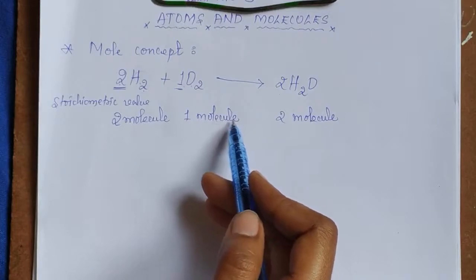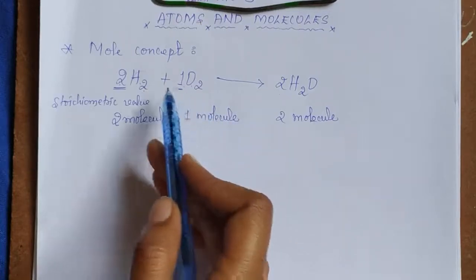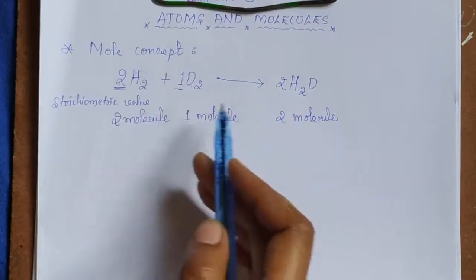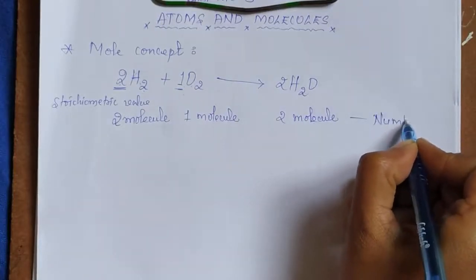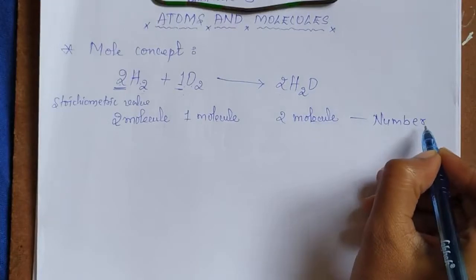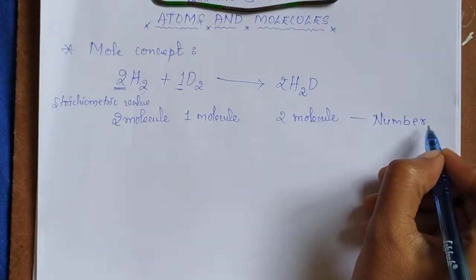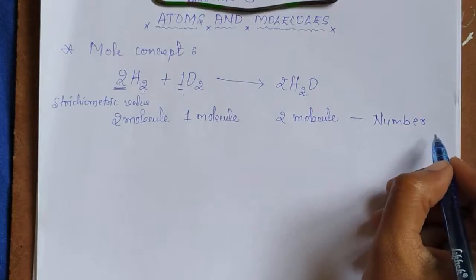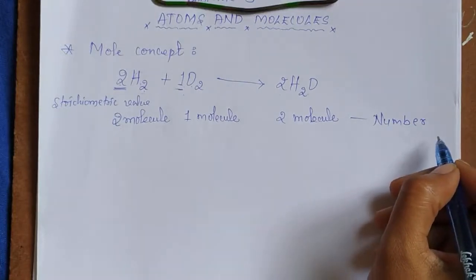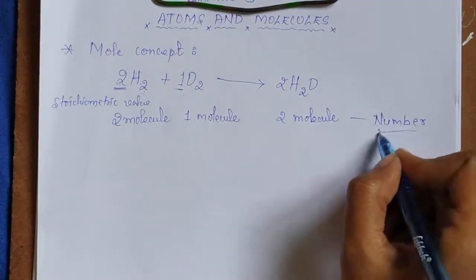We are characterizing the quantity of the reactants and products in terms of their number. We are mentioning the number of reacting molecules and the number of product molecules.